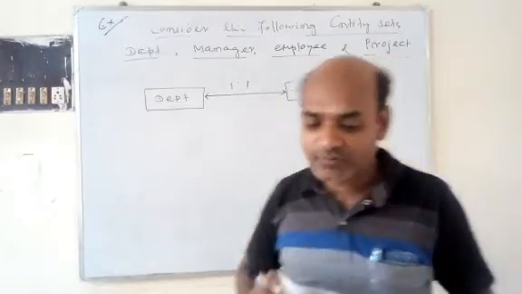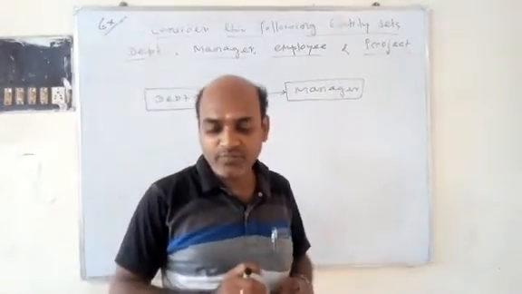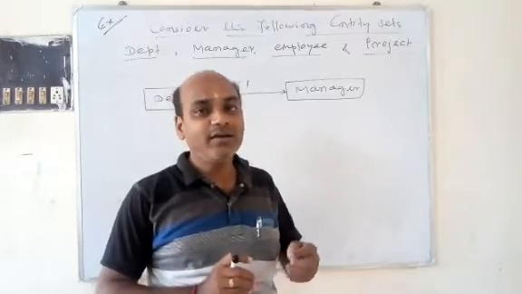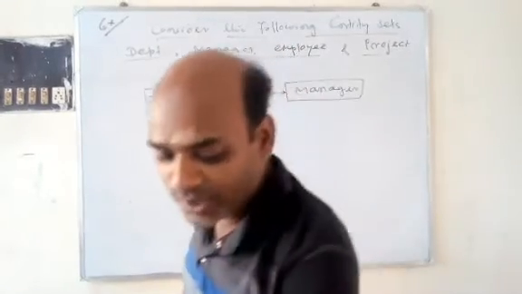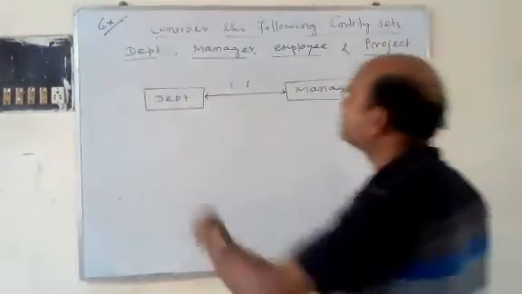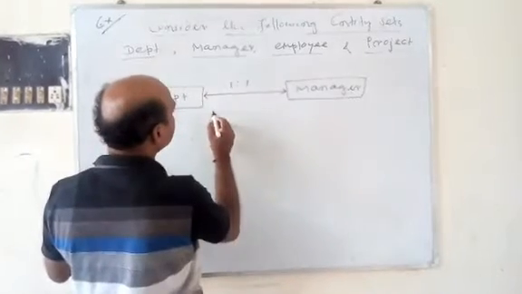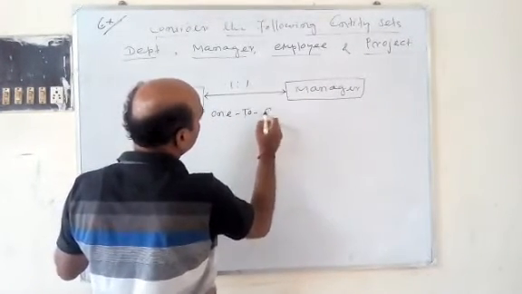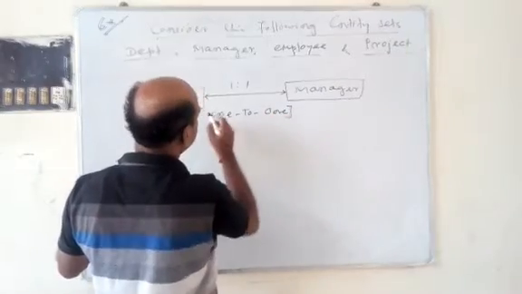Now let us consider the department and manager instances. There are so many instances between these two entity sets. This is a one-to-one relationship.